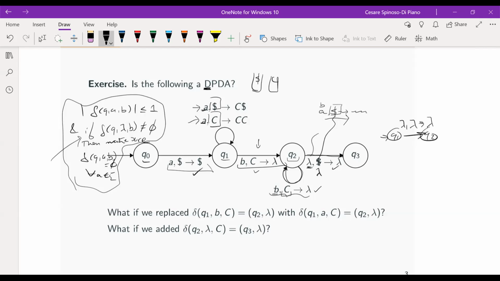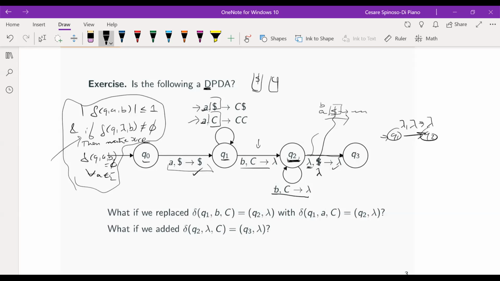Because we have B and then we have the same stack symbol for both. Yes, but just to make sure, you're talking about this one and this one, right? Yes, exactly. Well, that's because this one is to go from Q1 to Q2, and this is once you're in Q2, how do you transition from Q2?